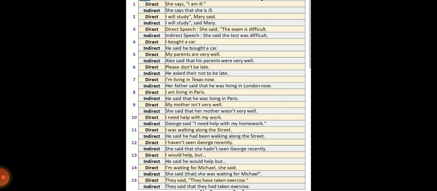Next example. I bought a car. He said that he bought a car. Next example. My parents are very well. Alex said that his parents were very well. Next example.